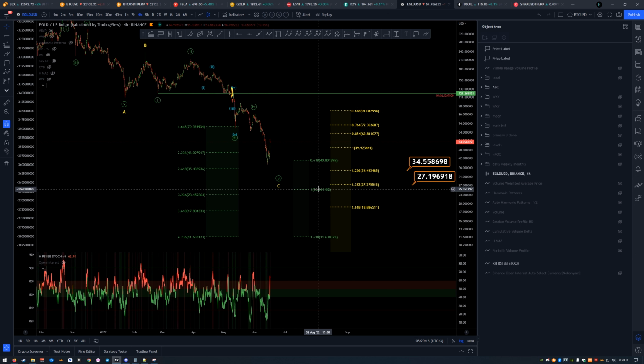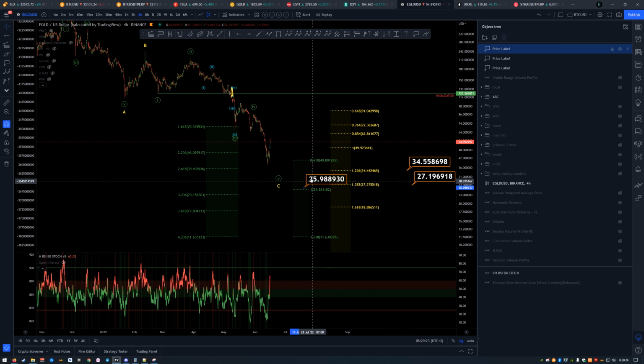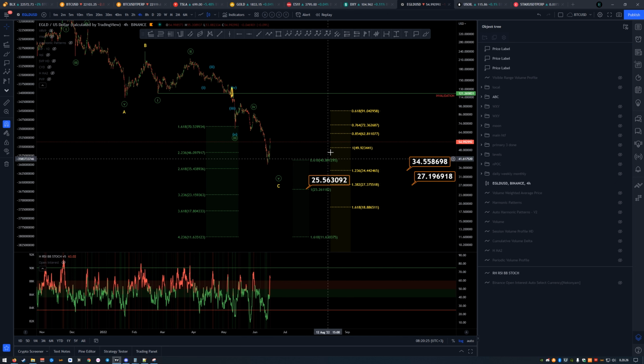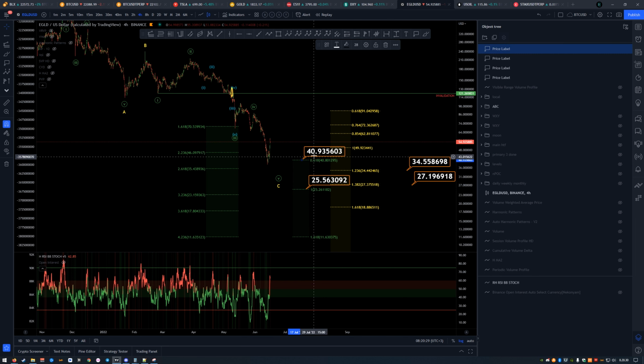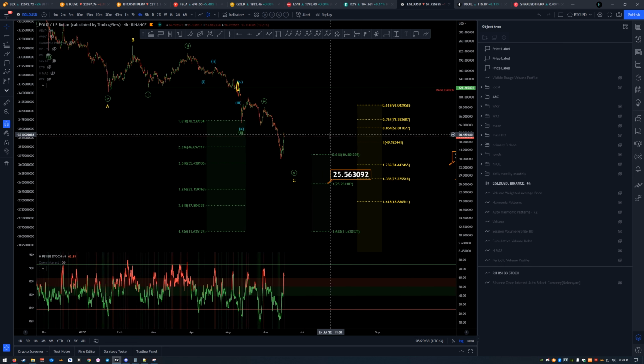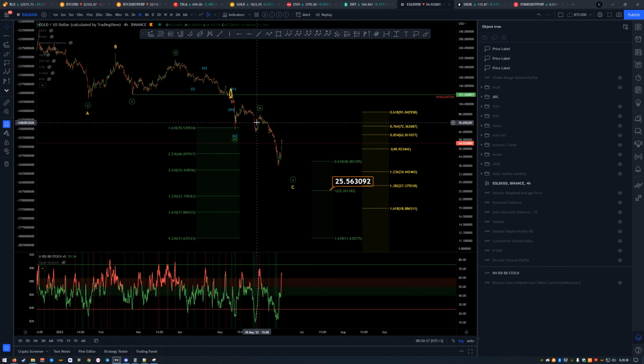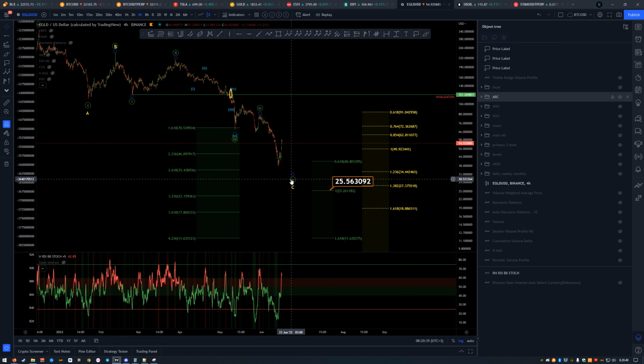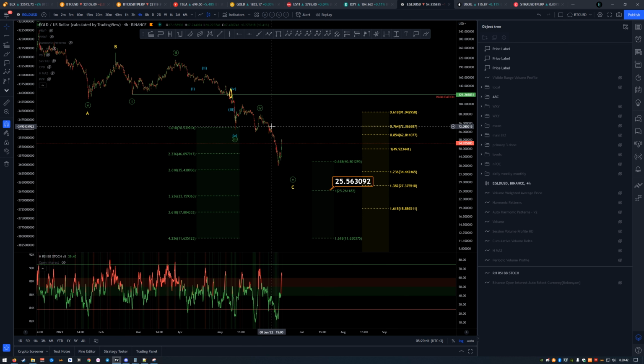So 1-to-1 extension is here at $25.26 right there. And of course the minimum target was already hit here at $40.93, but I am still expecting one more low here. However, of course, it could be possible that we have already completed the 5th wave and now we would be going higher.